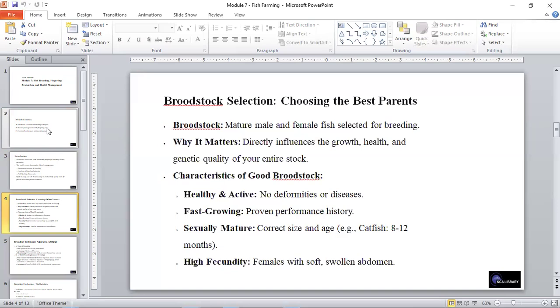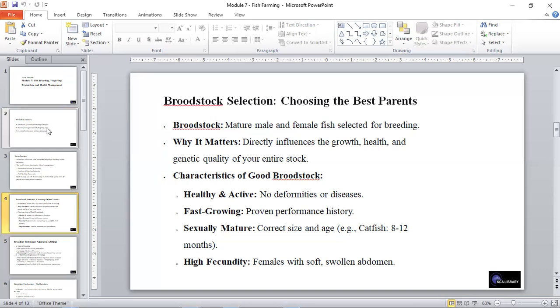And the reason is the nature or the viability of the parent, that is the male and female, directly influence the growth, the health, and genetic quality of your entire stock of fish. Then, characteristics of a good broodstock.